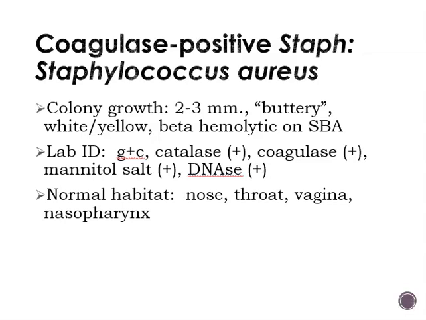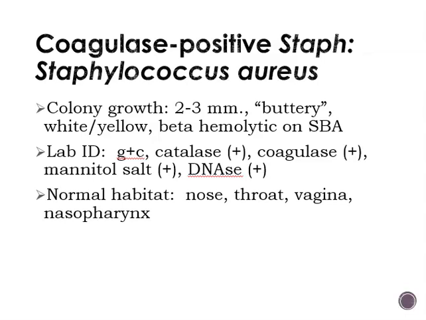Some of the testing that we would do to identify Staph aureus: again, catalase positive because it's a staph, coagulase positive because it's Staph aureus. But other testing that we can do to help differentiate is the mannitol salt agar. Remember, that was a plate that we talked about either in the last lecture or the one before that.